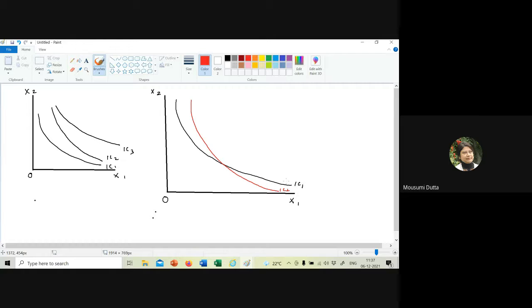So keep it like this. I'm to prove that the two indifference curves cannot intersect each other. I'm starting with two intersecting indifference curves, IC1 and IC2.